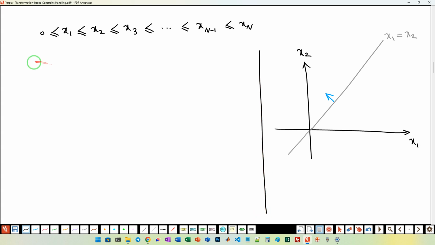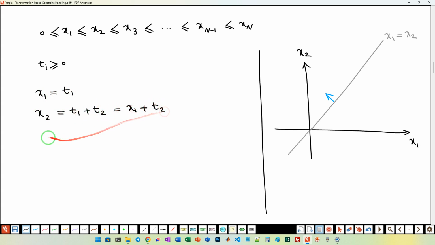constraint? It's actually easy. Again, let's define some variables ti which are only non-negative. Define x1 as t1 and x2 equal to t1 plus t2, or x1 plus t2, and x3 equal to t1 plus t2 plus t3.